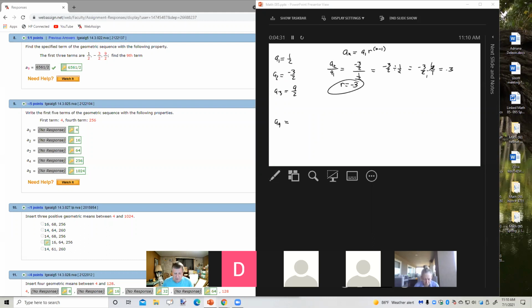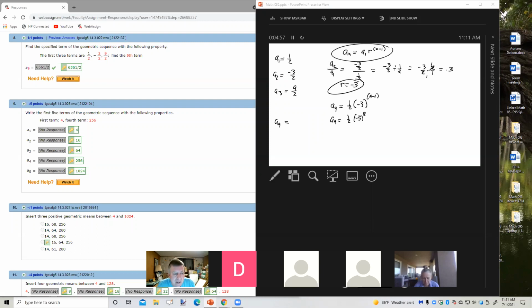Now, using this formula, a sub 9 equals a sub 1, which is 1/2, times -3 to the 9 minus 1 power. I already know what you did. This is 1/2 times -3 to the 8th power.